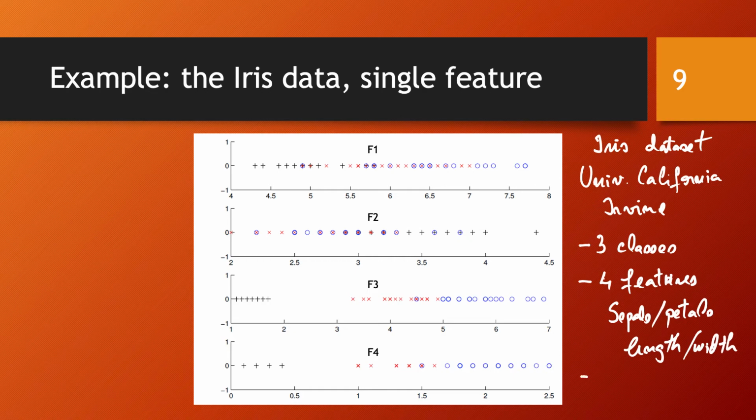And in this dataset, we have 50 instances per class. And so again, this is something that we've worked with in one of our assignments, and in fact, it's included in the scikit-learn package of Python, and it's also freely downloadable from many places on the web, including from University of California at Irvine.